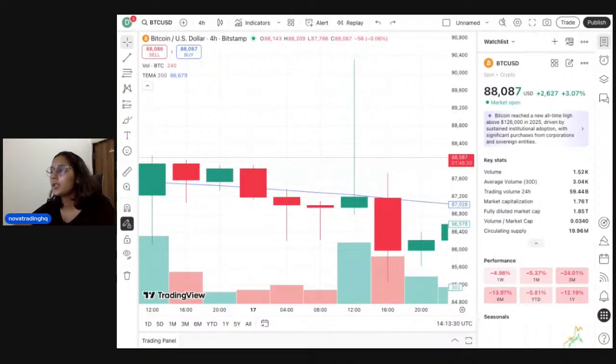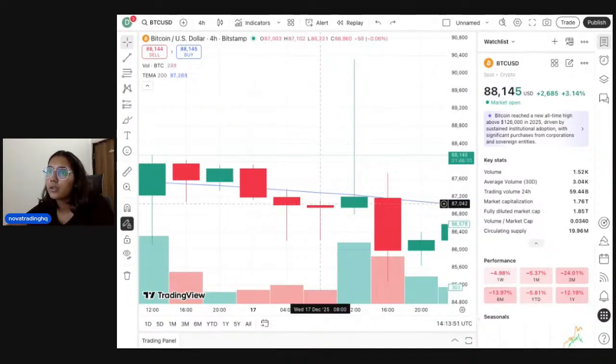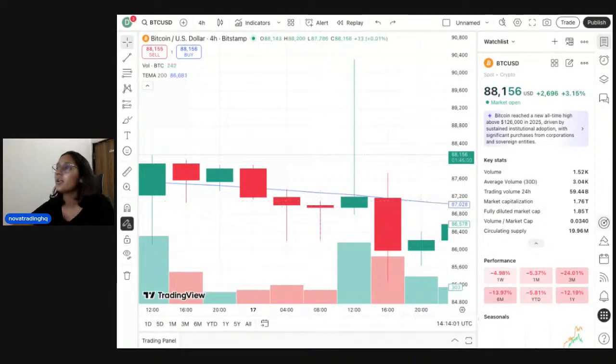This candle opens at 87,014, and they tried once more to bounce toward 87,100, but again they failed and closed closer to 86,900.